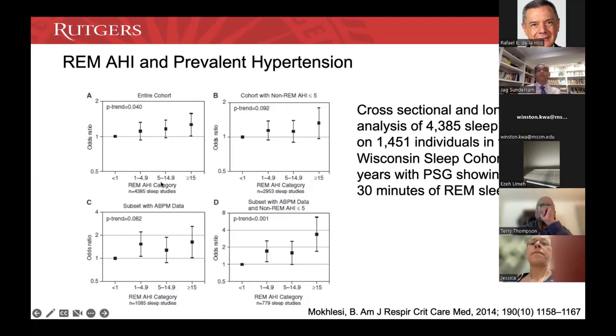And this is specifically, if you look at not only the entire cohort, but if you just look at REM-AHI of greater than 5, while the non-REM-AHI was less than 5, this was very significant, especially in those where they had some ambulatory blood pressure data. So it seemed to suggest that REM-AHI by itself has a specific risk for hypertension or the development of hypertension.